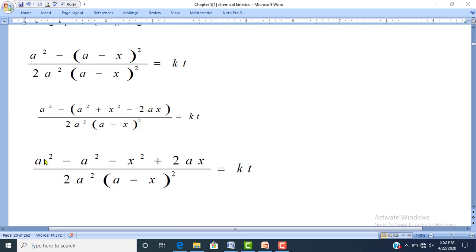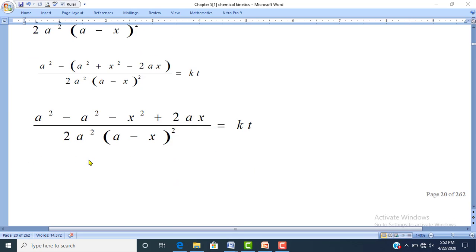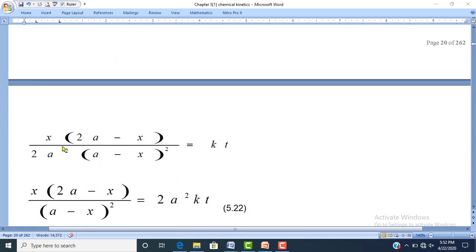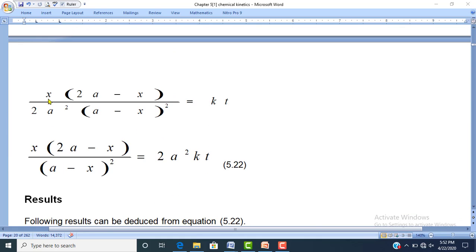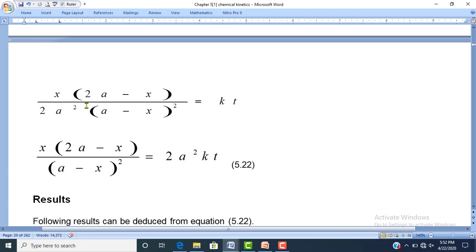Very simple. This a square will be cancelled out with this a square, and the remaining equation will be x into (2a minus x) divided by 2a square into (a minus x) square is equal to kt. Dear students, here 2a square is in the denominator.